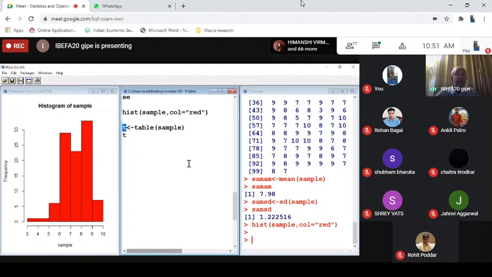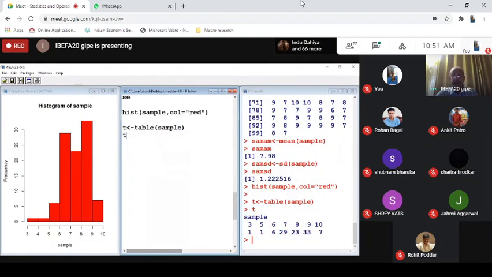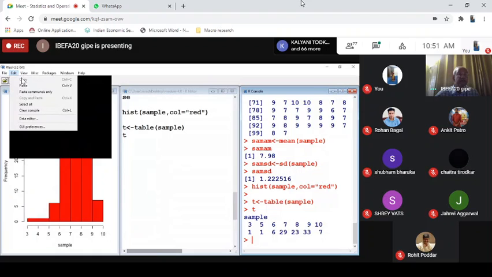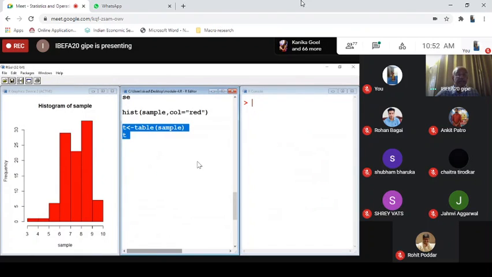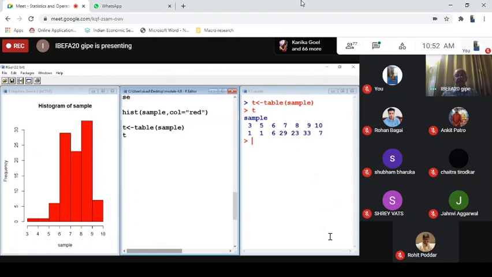We have prepared tables in the last class. See, another way of working. A table which we already learned helps us to draw a histogram as well.